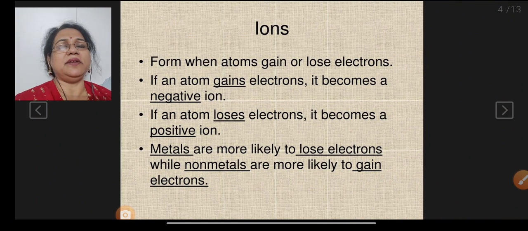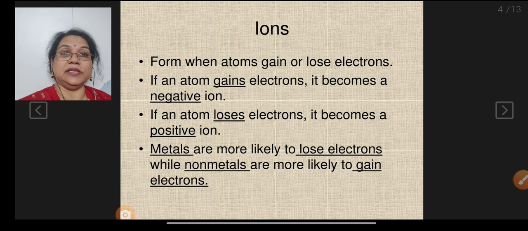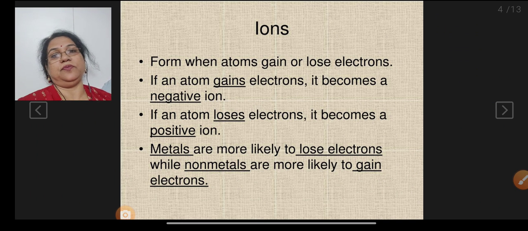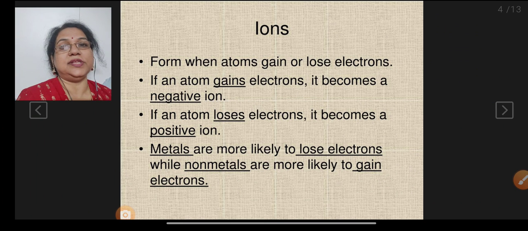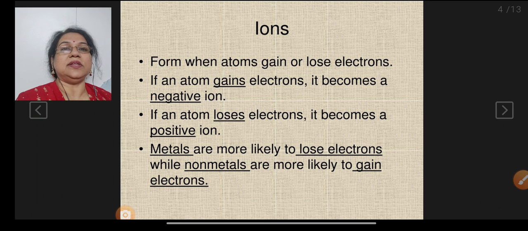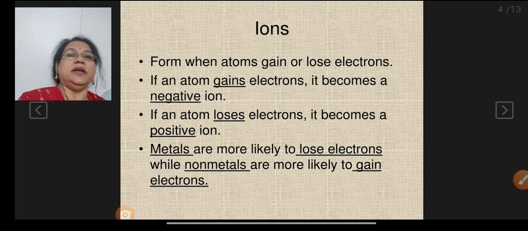In the next part, we are going to see what ions are. You know, there are two types of ions, positive ions and negative ions, cations and anions. When an atom gains or loses electrons, it becomes an ion.